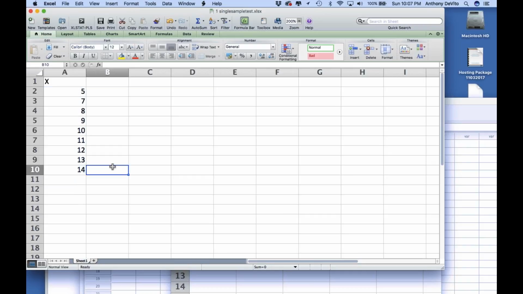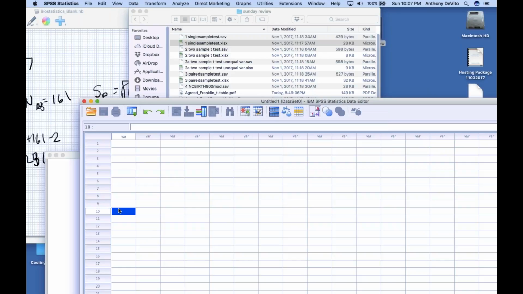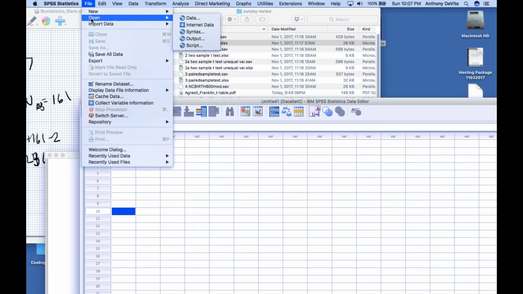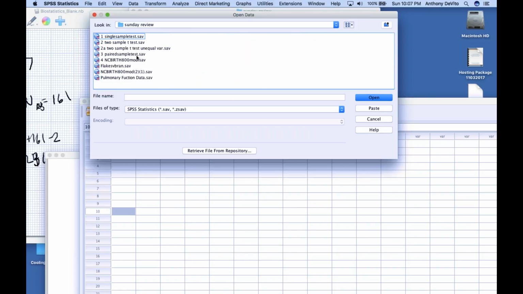And let's say I want to compare that to a known mean of some specific number. I can open that same sample in SPSS. I'm going to open, data. Let me see here, where is it? Sunday, here we go. Here's our single sample test.